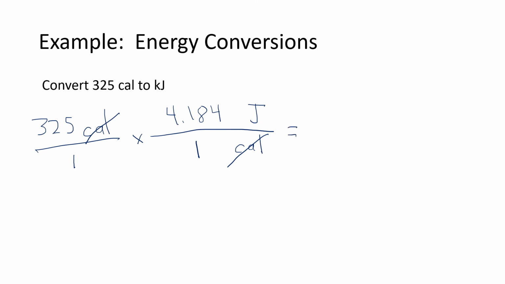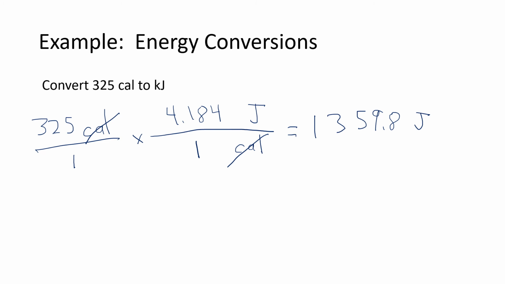If I take that and run that through my calculator, I have 325 times 4.184, and that's going to give me 1,359.8 joules.